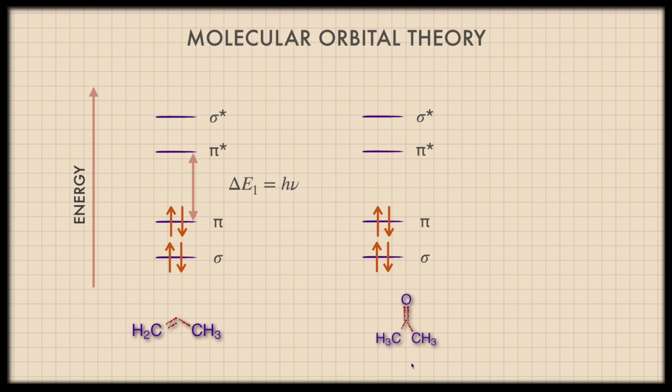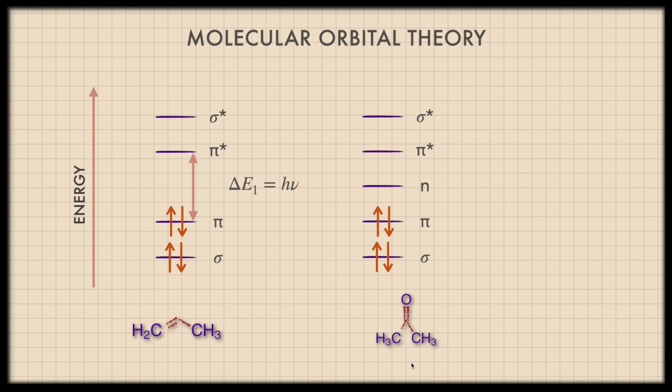One thing to remember is that the sigma bond has the lowest energy, the pi is slightly higher in energy, the pi star is again higher, and the sigma anti-bonding is the highest in energy level. Apart from that, this oxygen atom also contains non-bonding electrons, so we have a non-bonding molecular orbital also.